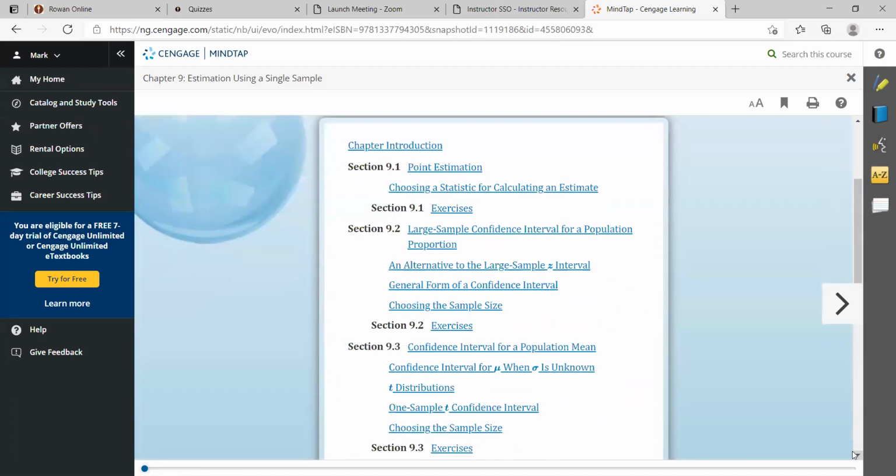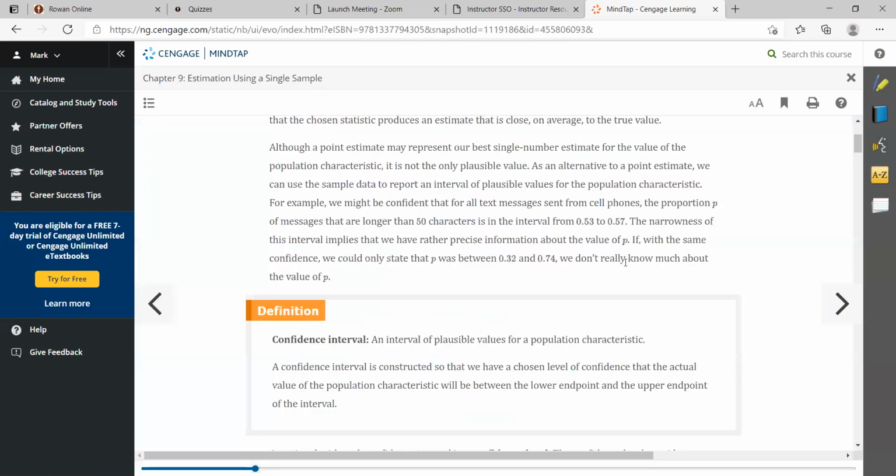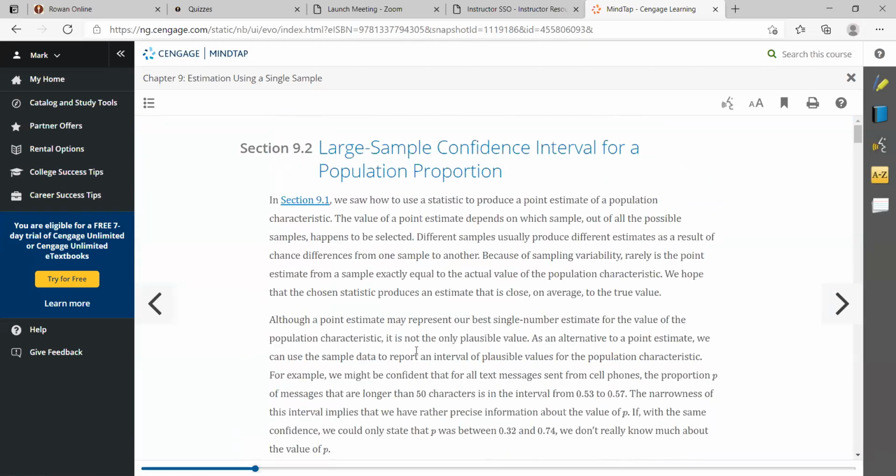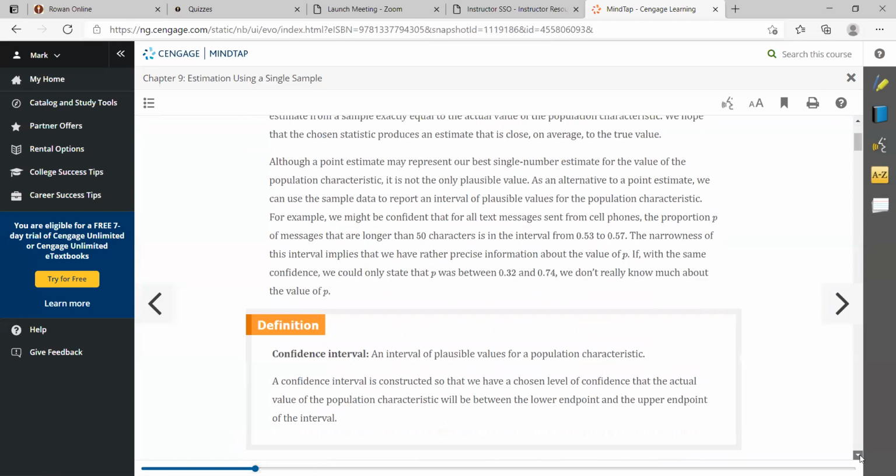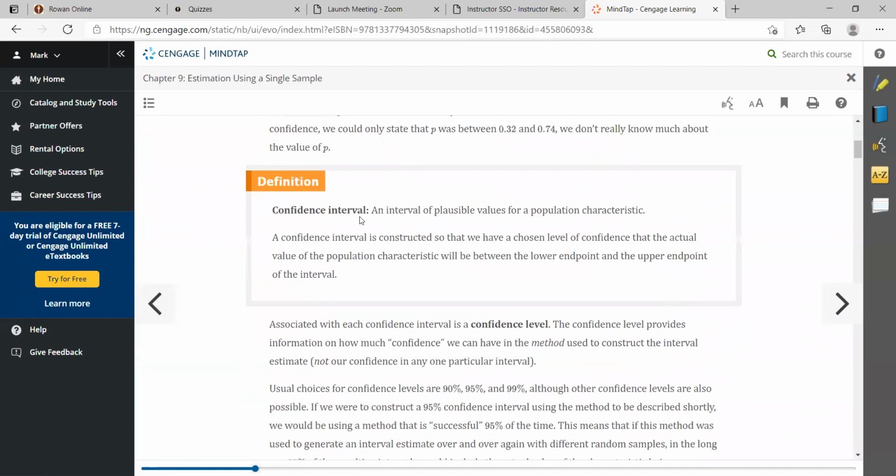And let's now go to 9.2, where they look at confidence intervals for population proportions. So a confidence interval is an interval of plausible values for a population characteristic. And we create this confidence interval by taking our sample's point estimate, and adding and subtracting from it what's called the margin of error.